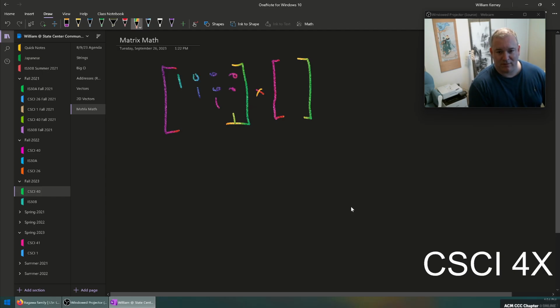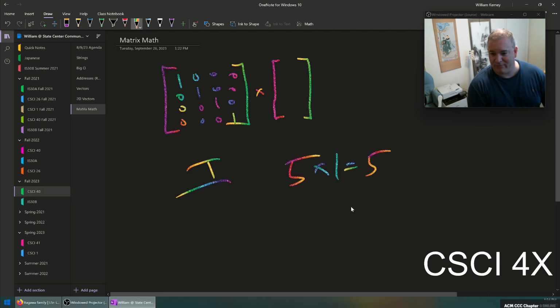This is something called I, the identity matrix. This is the equivalent to the identity in arithmetic. 5 times 1 equals 5. I is basically 1, the identity, or adding 0, right?